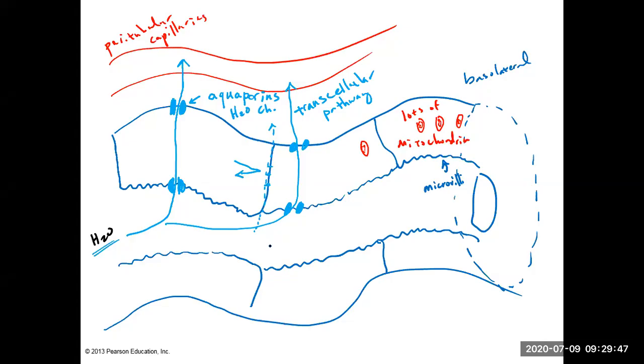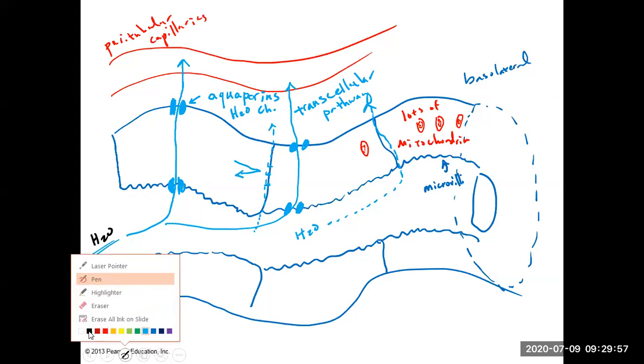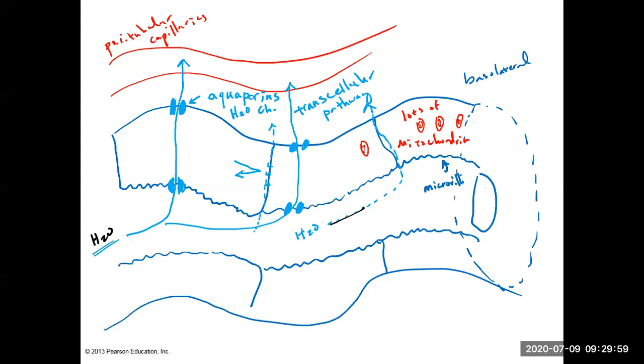So water can actually go in between these cells. Maybe I should have used a different picture. The water is going to go right between the cells to the other side. Can the water go this way too? Yes, because there are peritubular capillaries on this side as well. So if the water goes in between the cells, this is known as the paracellular pathway or paracellular route.